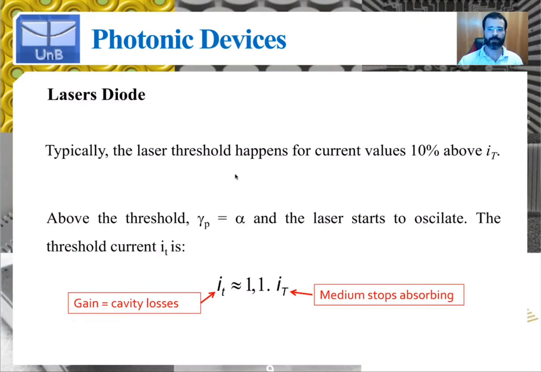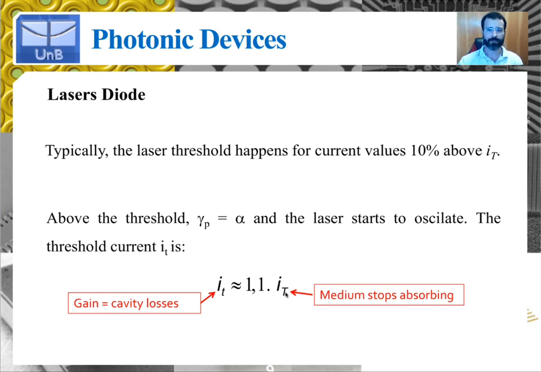The first one is the transparency current, which we've discussed at the end of our last lecture, right? And the transparency current is basically the current for which the excess carrier concentration inside the active region makes that region transparent, right? So it neither has gain nor does it absorb.